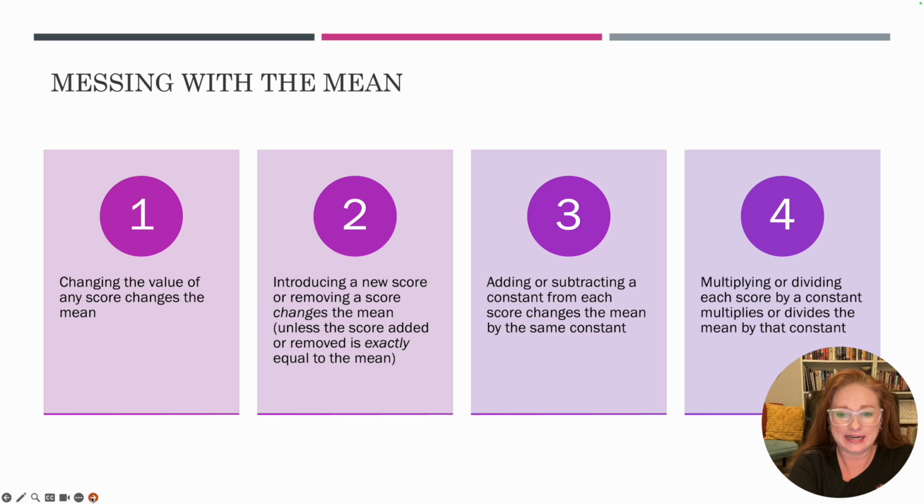Right? So I'm adding a constant. That's also going to change the mean by that same constant. So now instead of 8.25, it's going to be 8.75, right? It's going to increase it. Same thing about multiplying and dividing. Multiplying or dividing each score by a constant multiplies or divides the mean by that same constant.